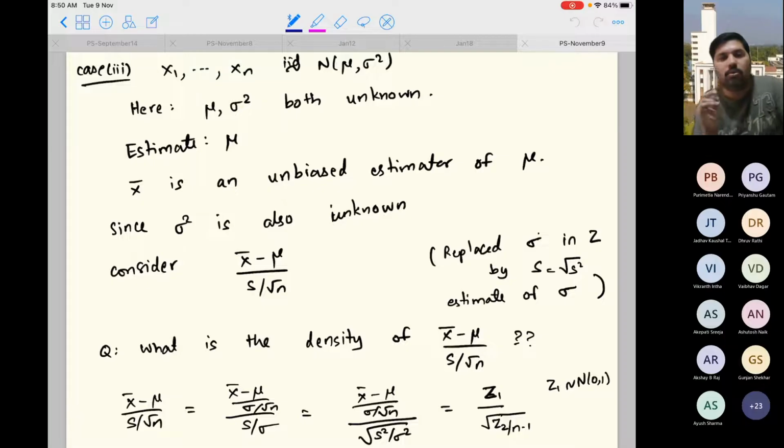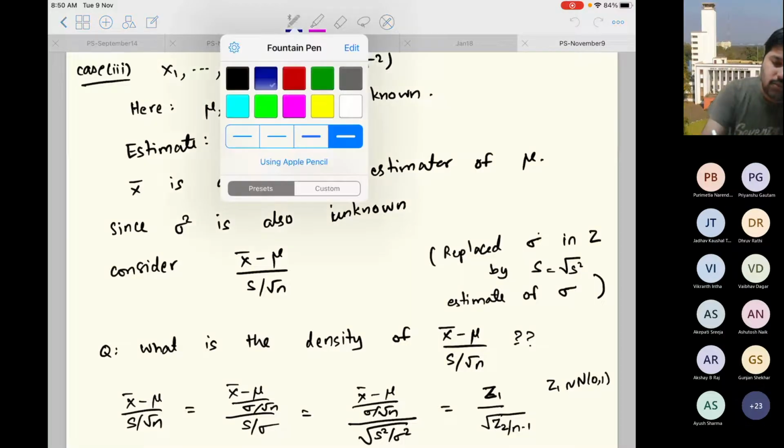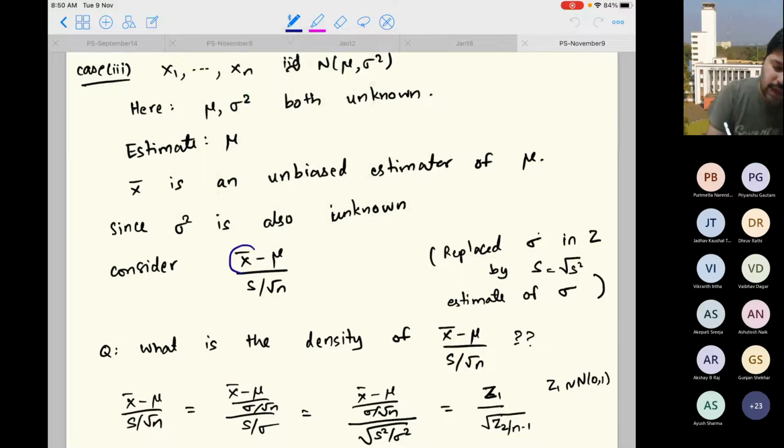X bar is a random variable and S is also a random variable now. So no longer will this have a standard normal density. The variation in S now needs to be accounted for.